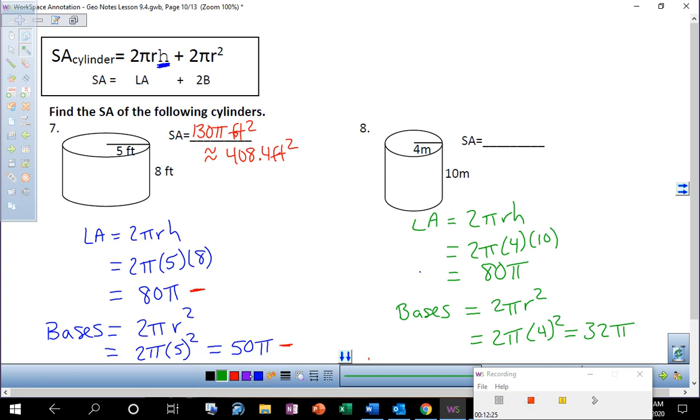So together, 32 and 80 give me 112 pi meters squared, which is approximately 351.9 as our decimal. So hopefully you guys are okay on those. You're seeing where all of our numbers are coming from, and how they're getting plugged into the formula.